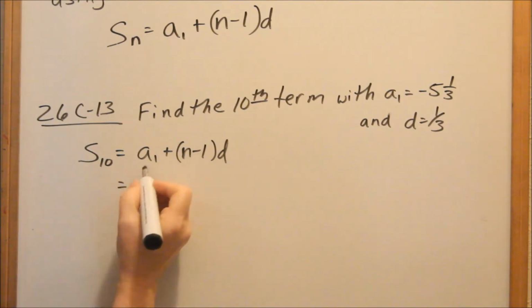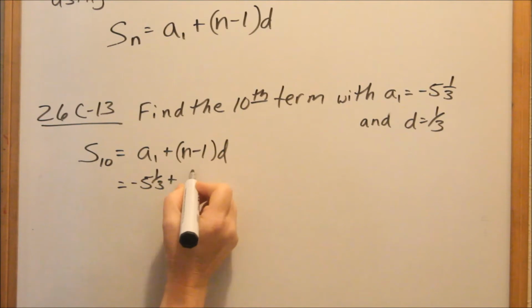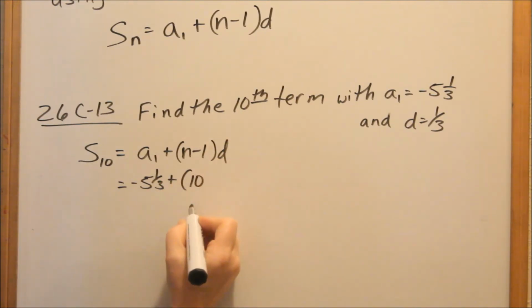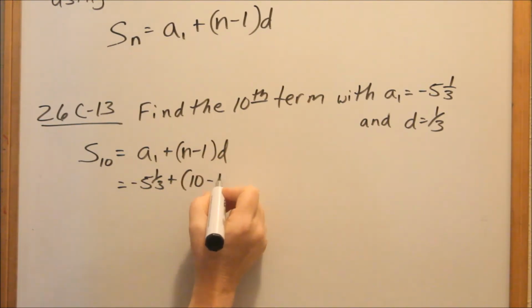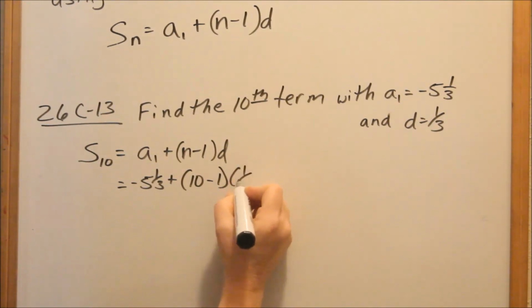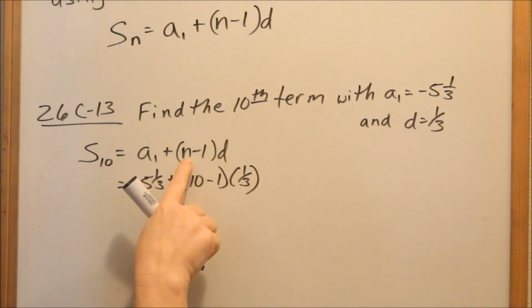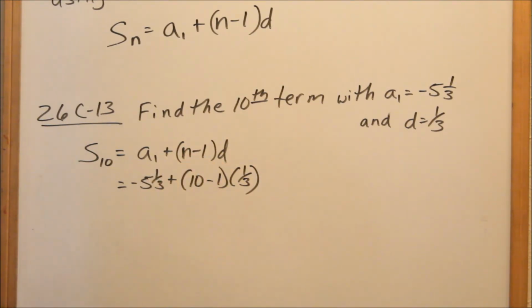I know that a sub 1 is negative 5 1/3 plus n. I'm trying to find the 10th term, so that 10 goes there in place of n, and the common difference we're told is 1/3. Know that this d is being multiplied. Whatever term you're trying to find minus 1 times the common difference.